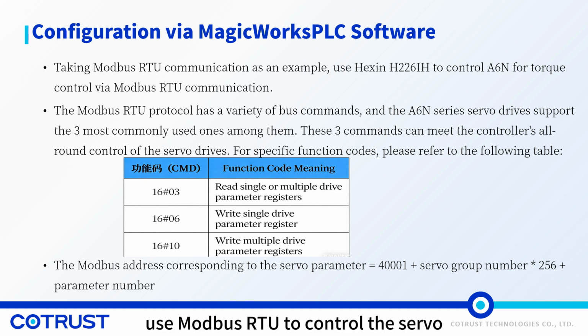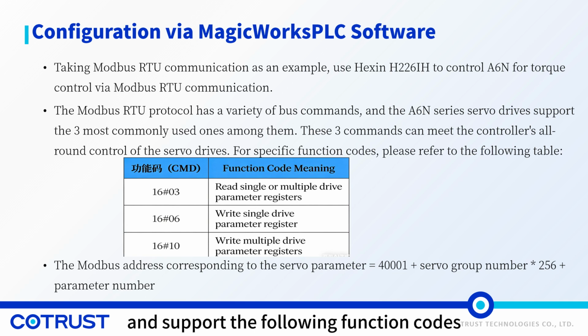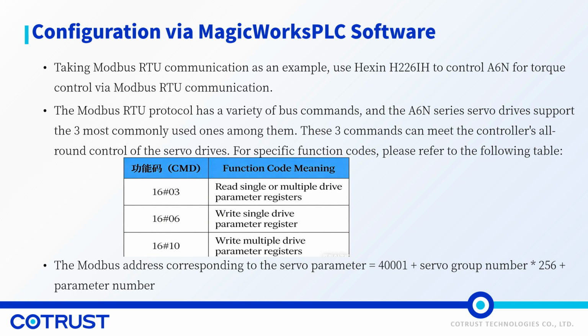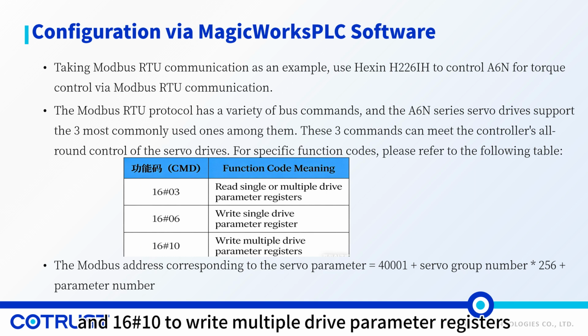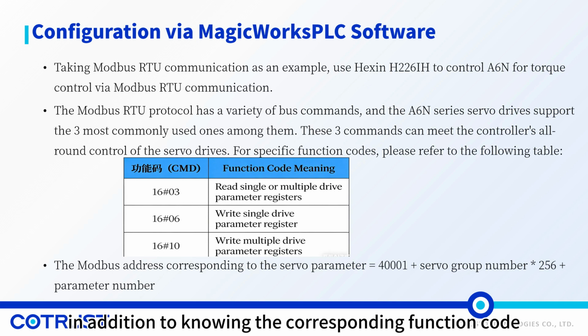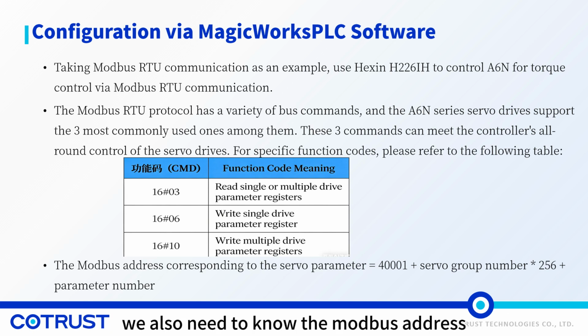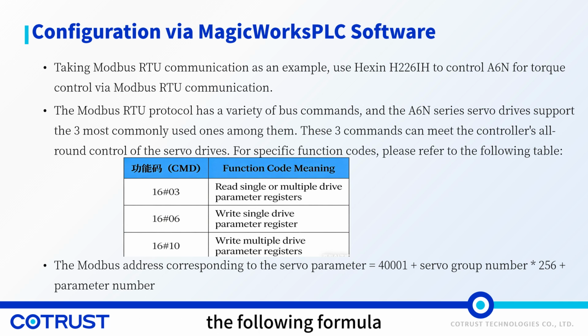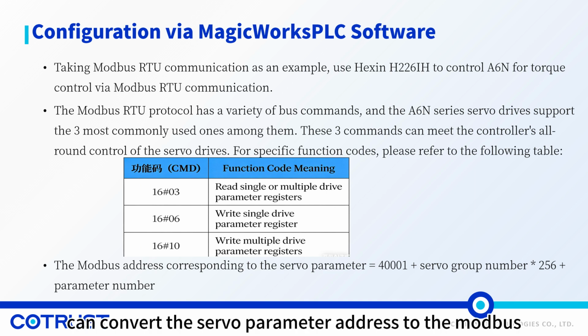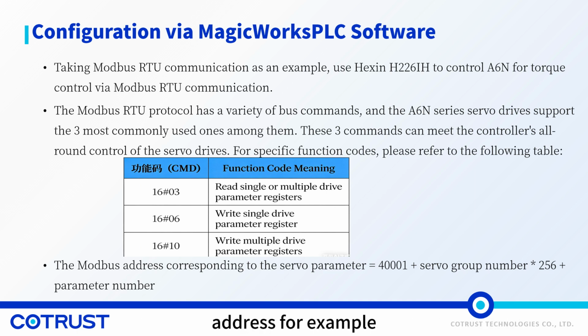Using Modbus RTU to control the servo supports the following function codes, such as hexadecimal 03 to read single or multiple drive parameter registers, 06 to write single drive registers, and 10 to write multiple drive parameter registers. Then, in addition to knowing the corresponding function code, we also need to know the Modbus address corresponding to the servo parameter address. The following formula can convert the servo parameter address to the Modbus address.